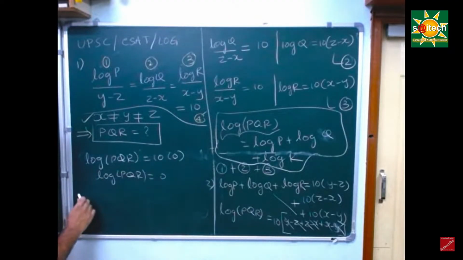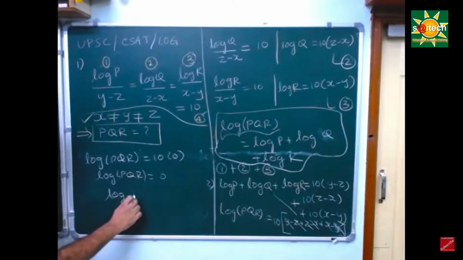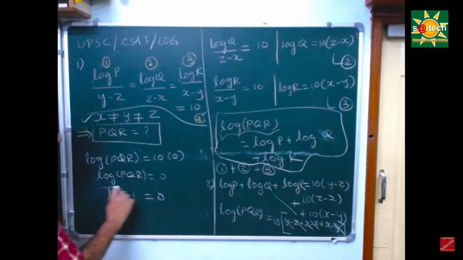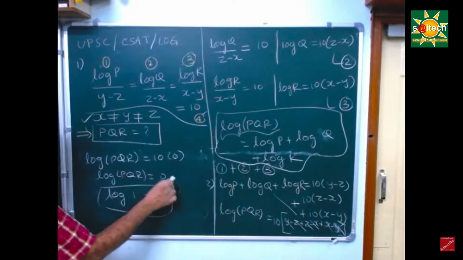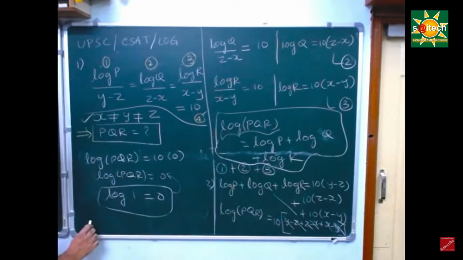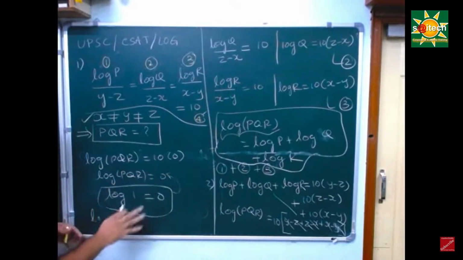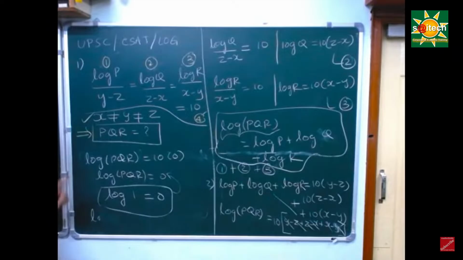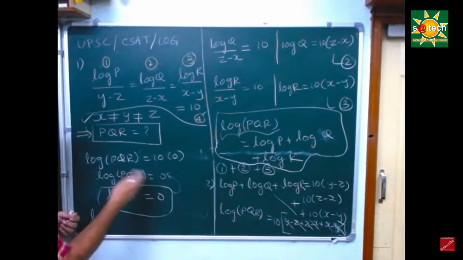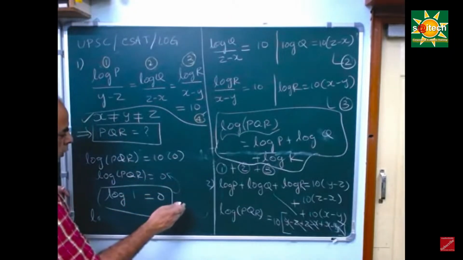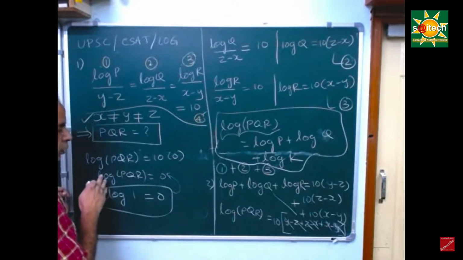You should note one more important thing. Log of 1 is 0. Based on that you can replace the 0 by log 1. Therefore, you cannot immediately say log PQR is equal to 0, so PQR is equal to 0, not like that. You should remember log of PQR is equal to 0 does not mean PQR is equal to 0. It is not multiplication; actually this is a function.